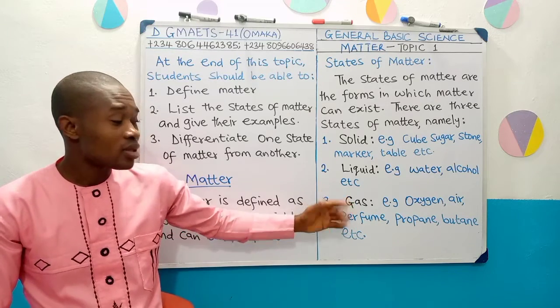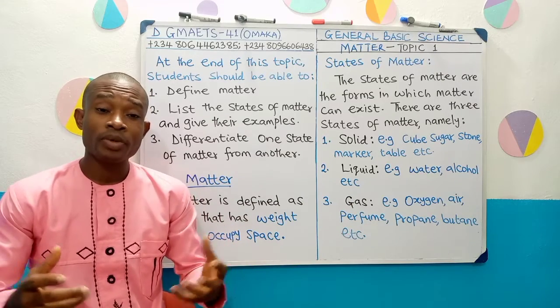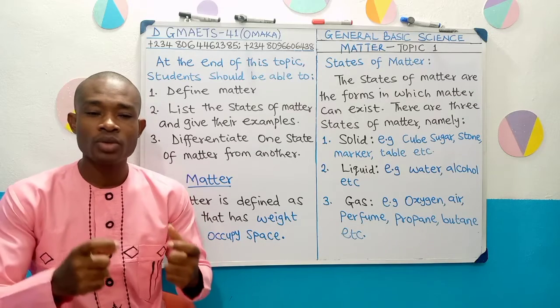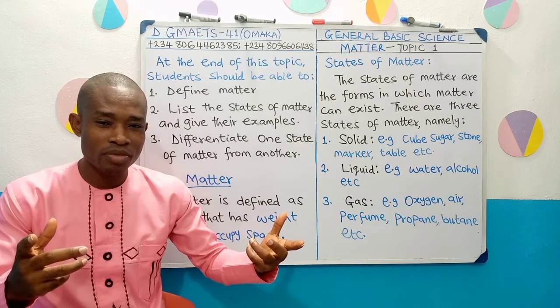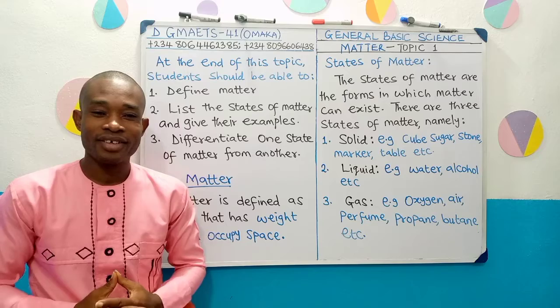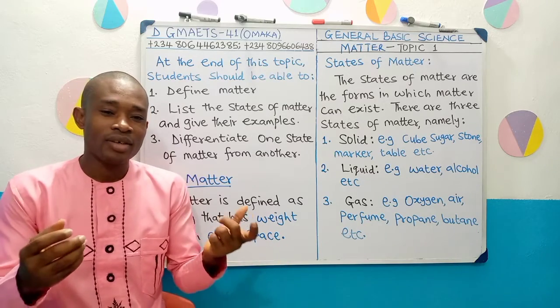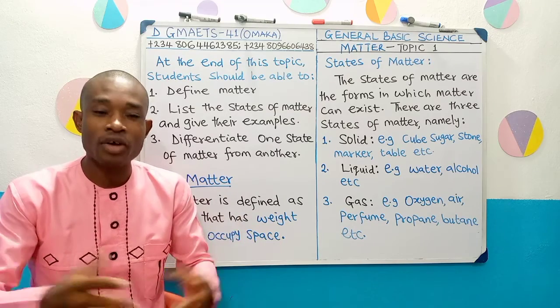Let us talk about gas as another state. What are some examples of gases as a state or a form in which we can also see matter? Have you heard of oxygen before? Yeah, I want to believe that. You may have learned, possibly, that we breathe in oxygen and breathe out carbon dioxide.